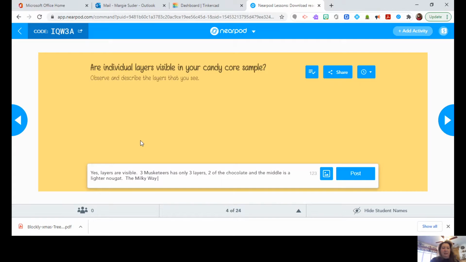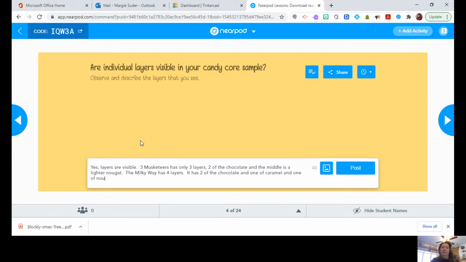So I'm going to say the Milky Way has 4 layers: 2 of chocolate, 1 of caramel, and 1 of nougat.